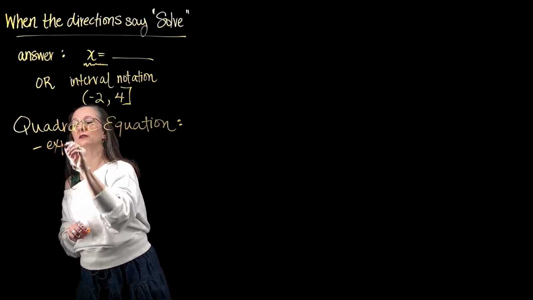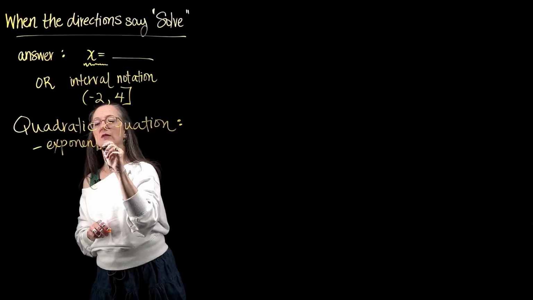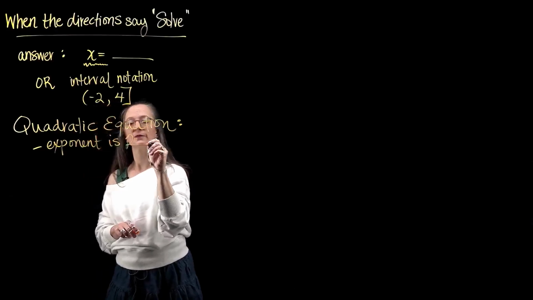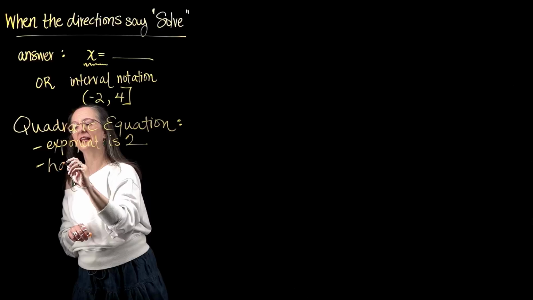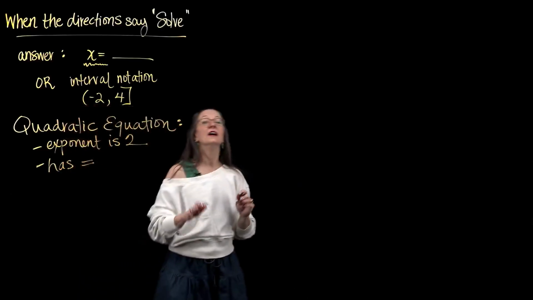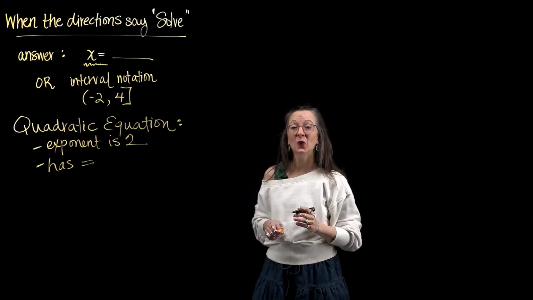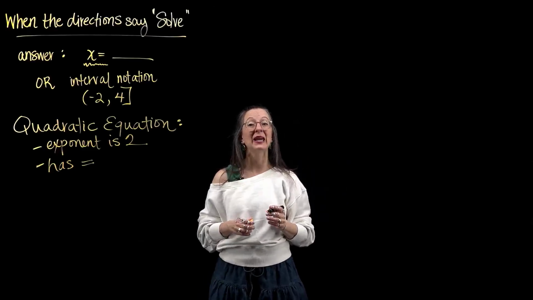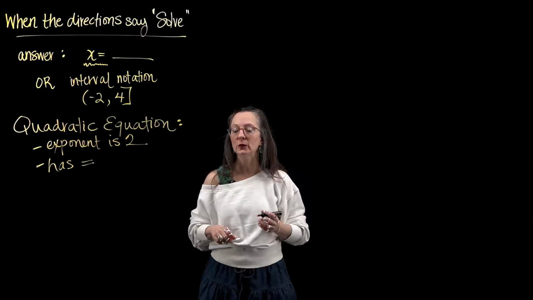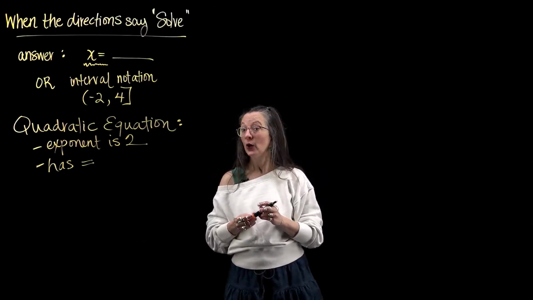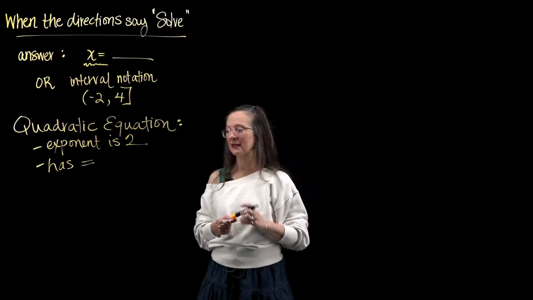So the exponent is 2. And it has an equal sign. Equal sign makes it an equation, and that means it can be solved. If there's no equal sign, we can't solve it. We may be able to simplify it, but we can't solve it.